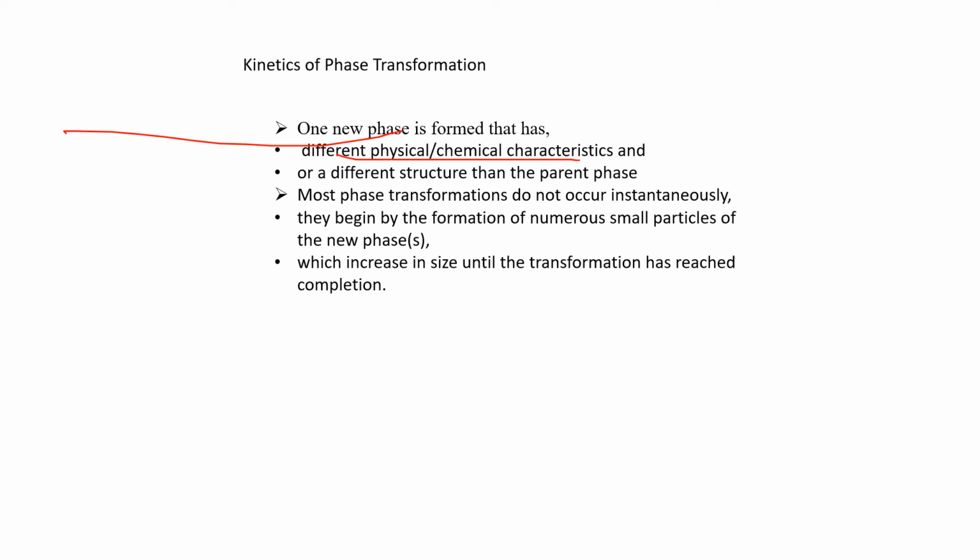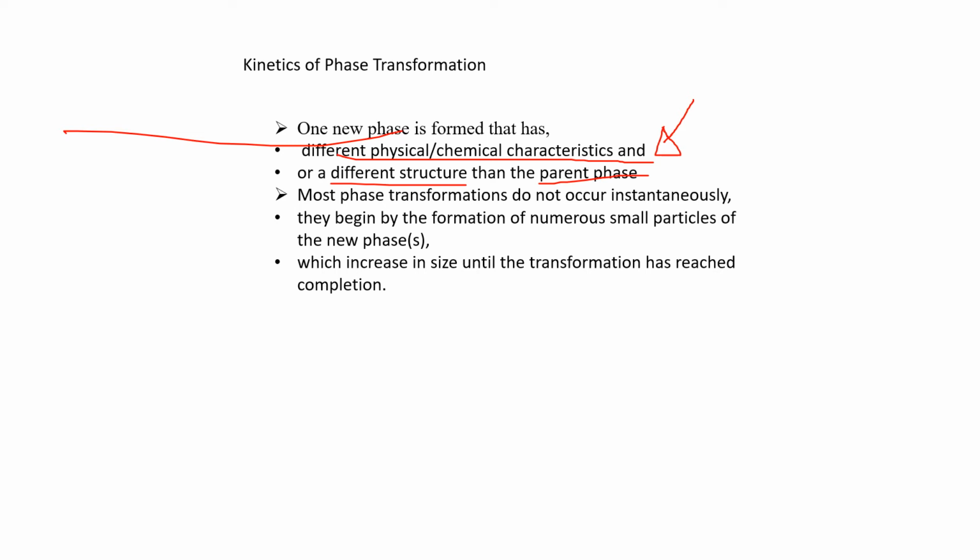For example, we are most of the time discussing chromium nickel properties. The parent phase is chromium, while the new phase is formed in the form of chromium nickel alloy. So most of the phase transformations do not occur instantaneously.